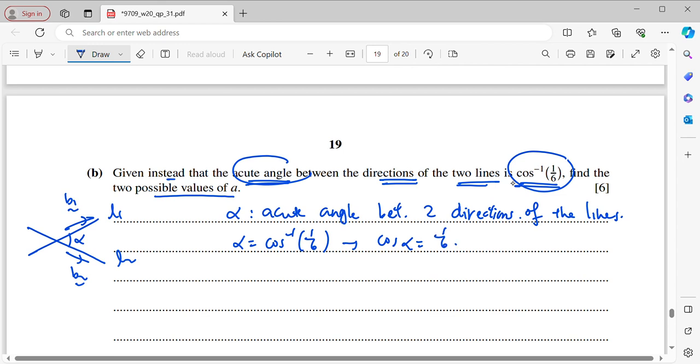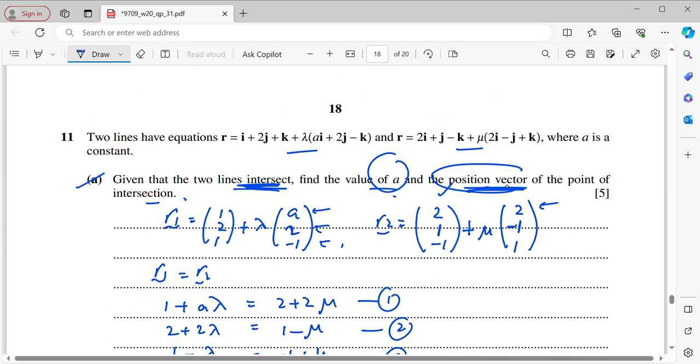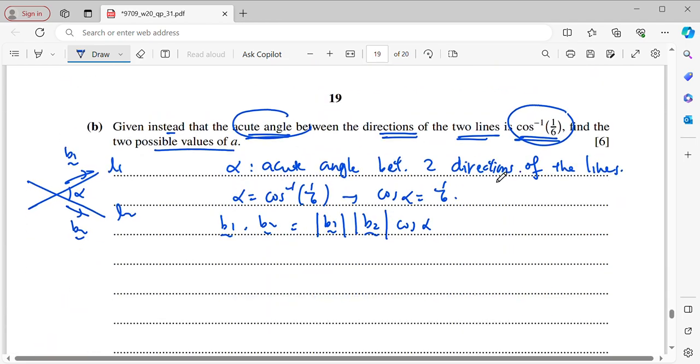Okay, so now we use the scalar product formula. b1 dot b2 is magnitude b1 times magnitude b2 times cos alpha. So b1 is from line 1, which is r1, so it is (a, 2, minus 1).